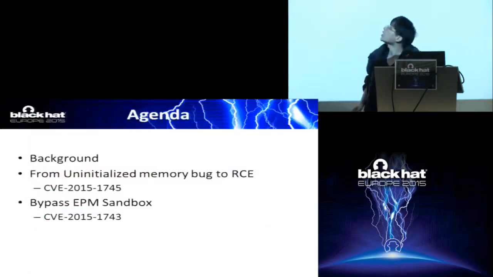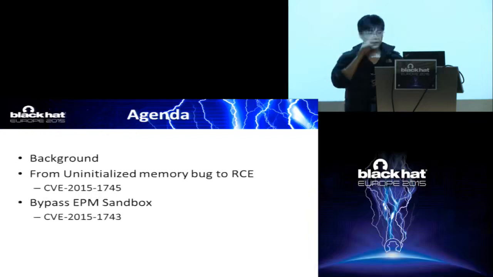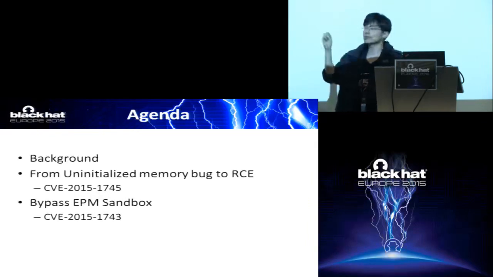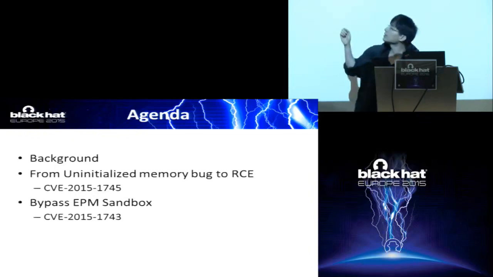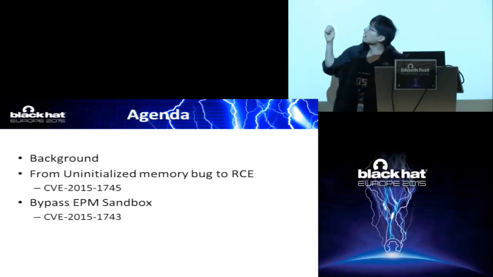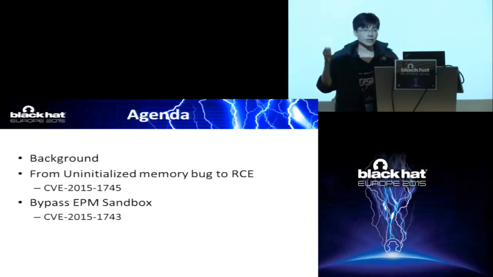So this is our agenda today. Basically, we have two parts, since we used two zero-day vulnerabilities in the contest. The first part, we will introduce the first 0-day, which is CVE-2015-1745. This is an uninitialized memory bug.